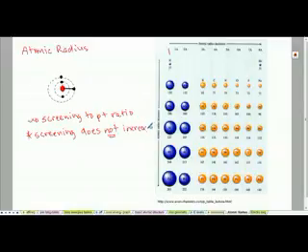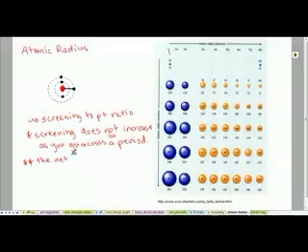Well, what you need to think about again is the screening to proton ratio. One of the things we have to remember is that screening does not increase as you go across a period. This is really important. And so what does that mean?